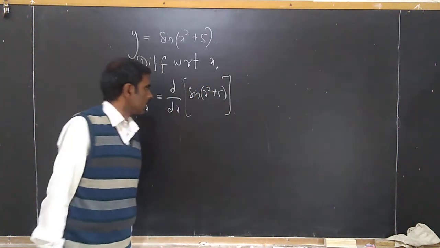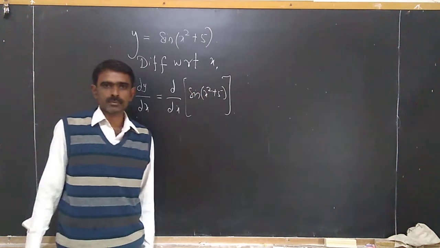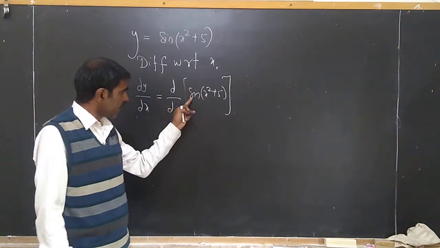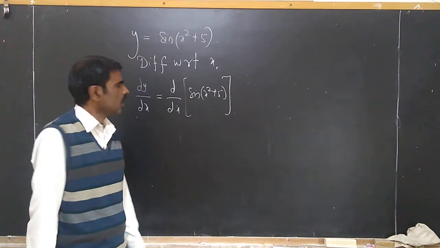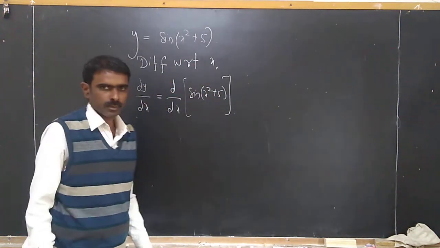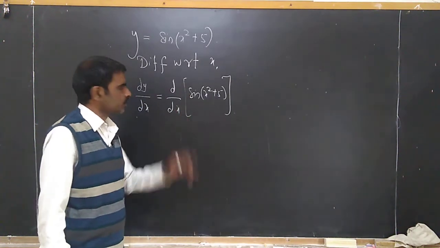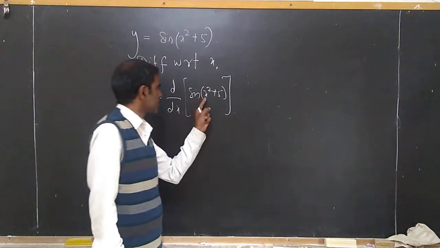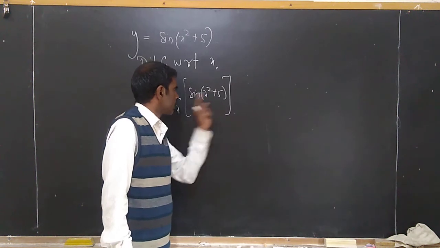Sine x is the outer function and the inner function is x square plus 5. Right? Sine x happens to be the outer function, the inner function happens to be x square plus 5.